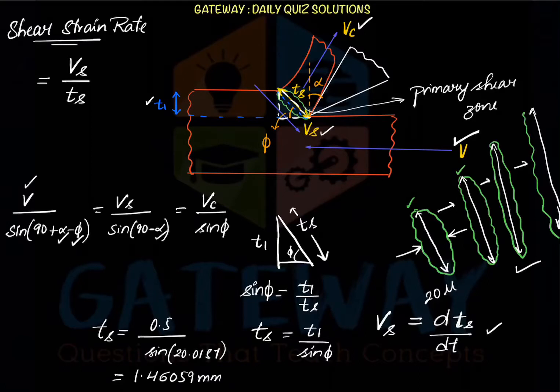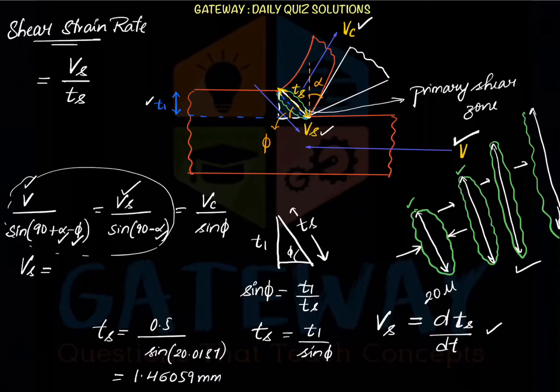Then we will calculate Vs. By equating these two equations, we get the value of Vs, and Vs comes out to be 3.341123.831 meter per second. I have taken a long value because we will be performing this complete calculation in the calculator itself.